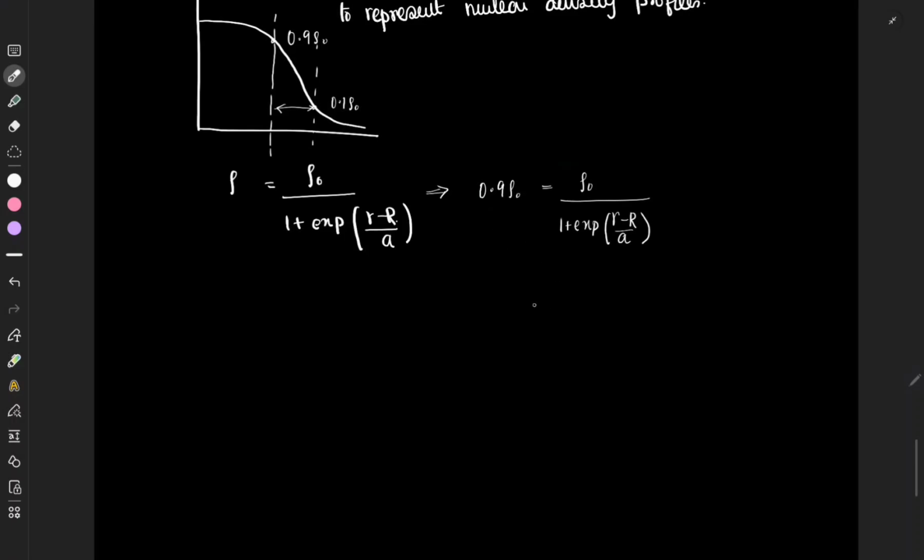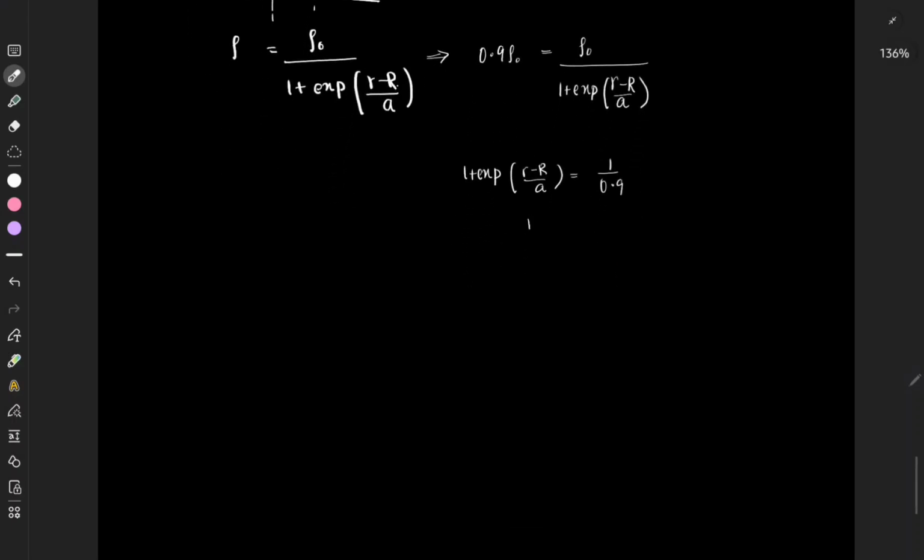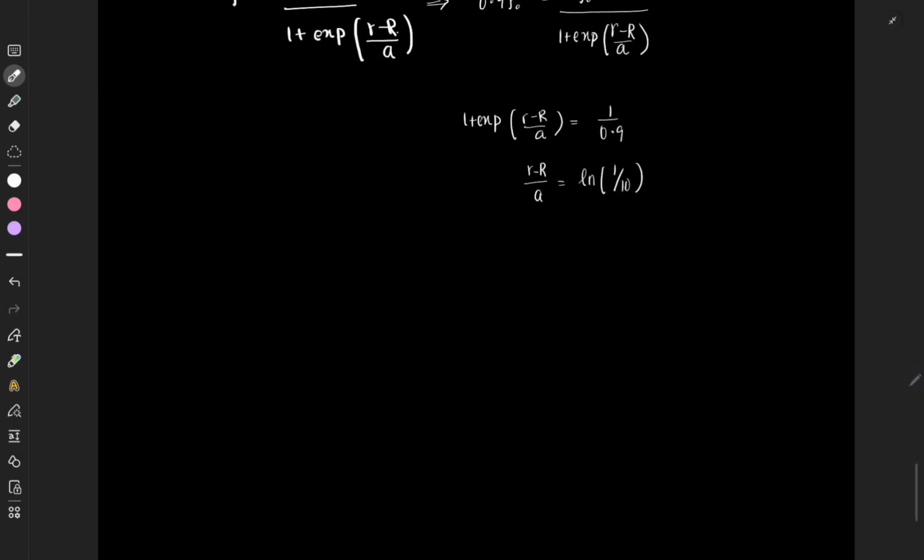Bring this term there and you'll get 1 plus exponential of r minus R by a is equal to 1 by 0.9. So r minus R by a is equal to ln 1 by 9, and r minus R is equal to minus 2.2a, and r is equal to R minus 2.2a.